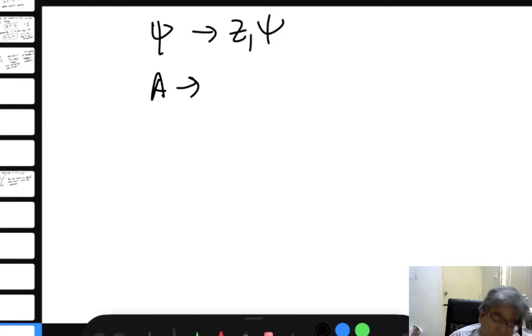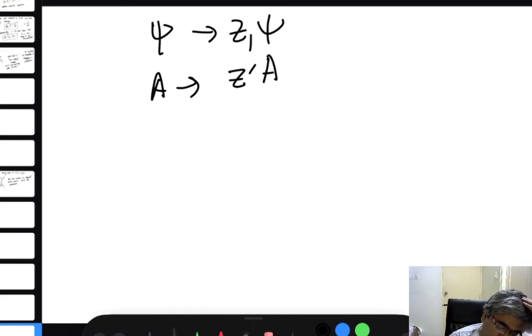Psi goes to some Z1 psi. Then A goes to some Z prime A, though this is not really required because you only need three renormalizations. Okay, let's just say that.